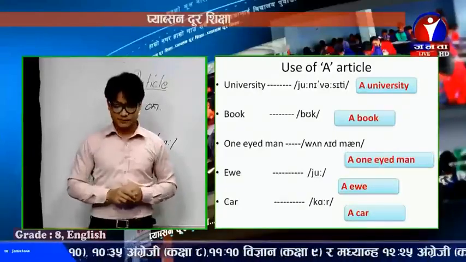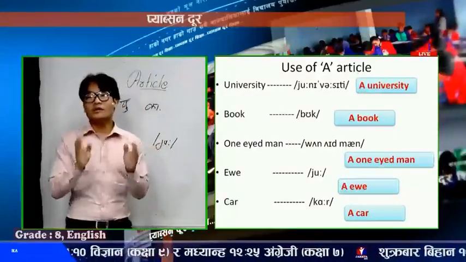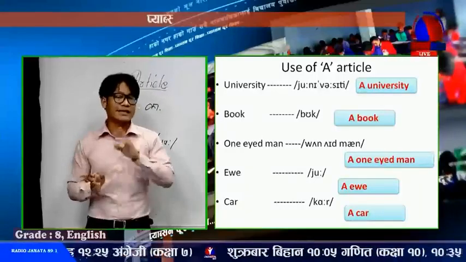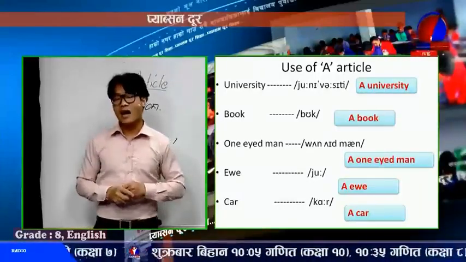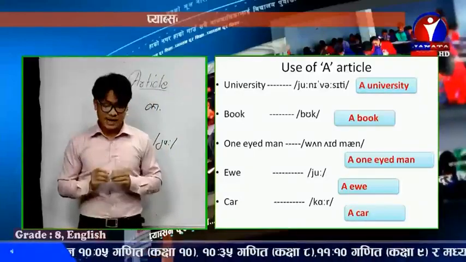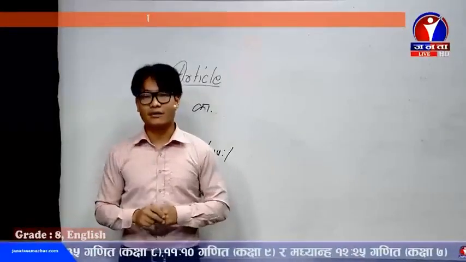So let me brief it. If the initial sound of the word starts with a vowel sound, then it takes an. If the initial sound of the word starts with a consonant sound, then it takes a.